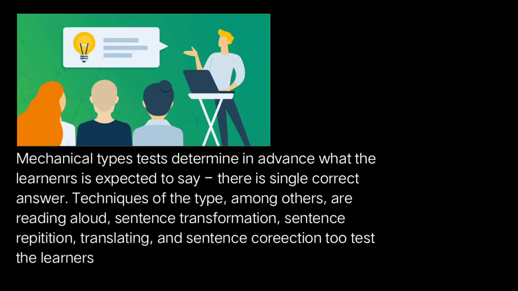Mechanical type tests determine in advance what the learner is expected to say. There is a single correct answer on this test, such as reading aloud, sentence transformation, sentence repetition, translating, and sentence correction to test the learner in the foreign language.